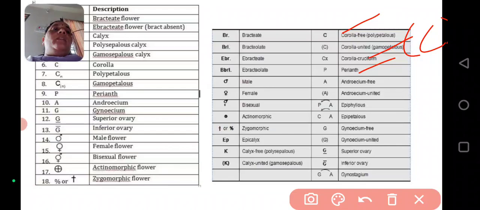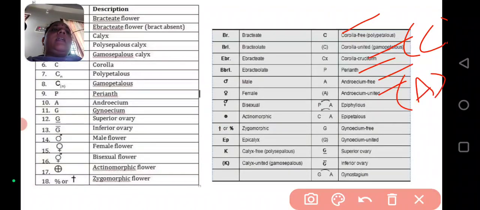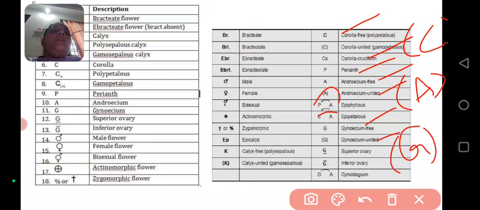P for perianth, A for androecium free, A in brackets when androecium is united. Epiphyllous means perianth and anther lobes are united. Epipetalous means corolla and androecium, C and A, are united. Gynoecium is free, G. Gynoecium is united, put in brackets.